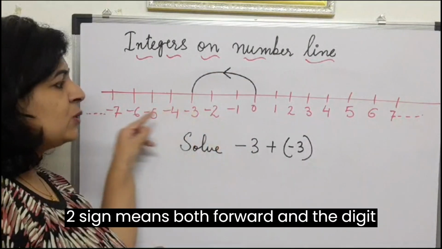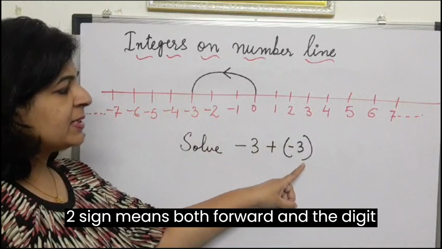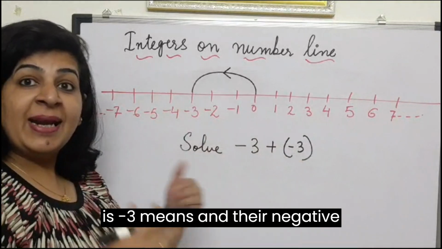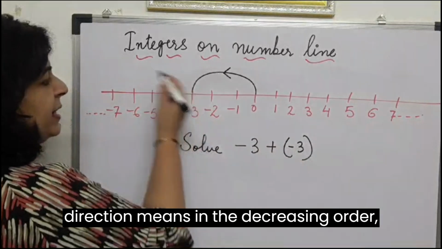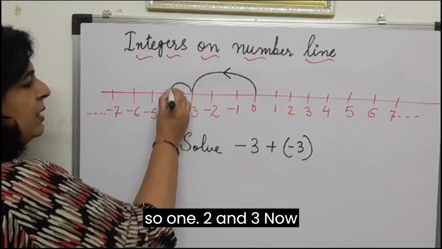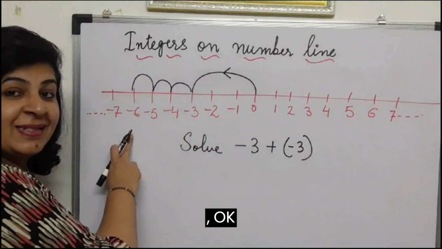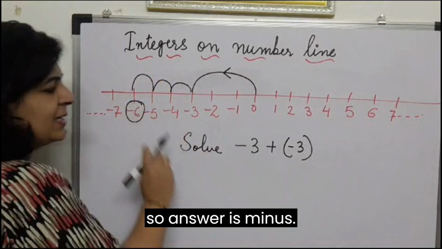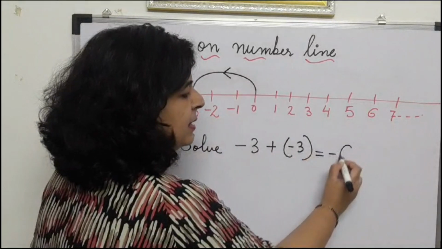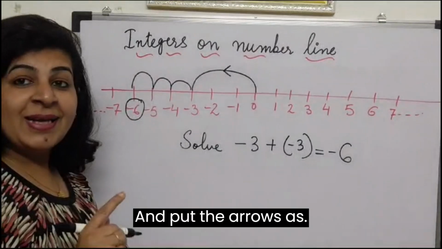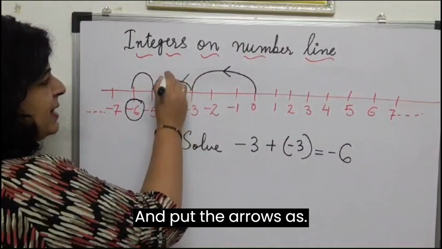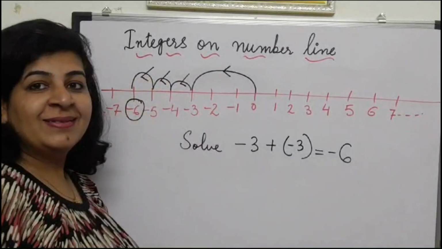Plus sign means move forward, and the digit is -3, means in the negative direction, means in the decreasing order. So 1, 2, and 3. Now we have reached -6. Okay, so the answer is -6. And put the arrows as well.